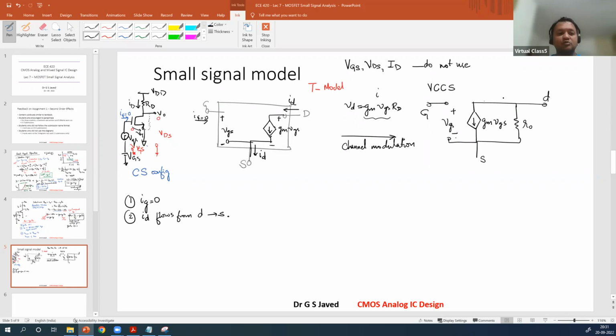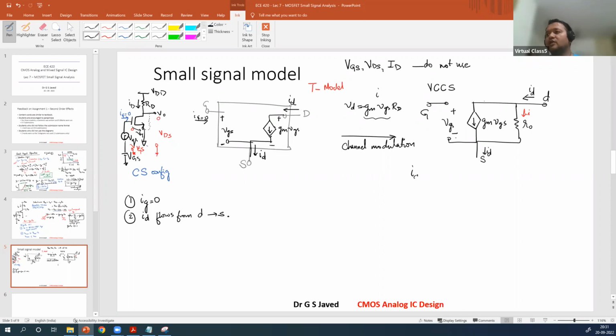So ID is getting split into two parts now. One going here, another going here. Now, how do you identify what is this value? There is an equation. So the total ID that is flowing here and the total ID that flows here.